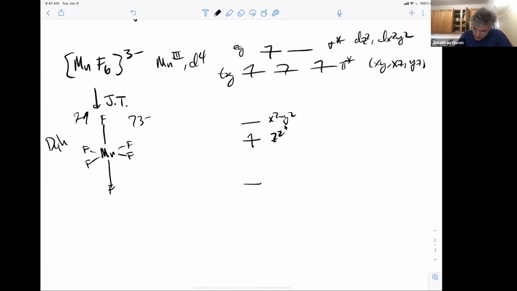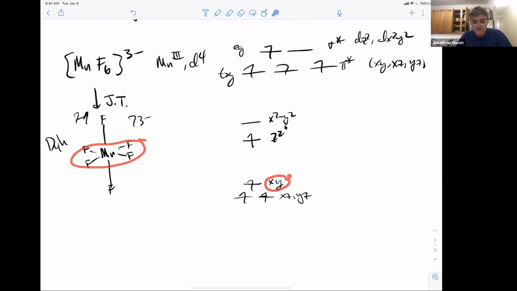So let's repeat this. Why did XY and XZ and YZ change in energy? These guys each have one electron. Why are they no longer the same? Because the equatorial manganese fluorines, they're the ones interacting with this XY orbital. There's 4 fluoride lone pairs all interacting with that one XY orbital.